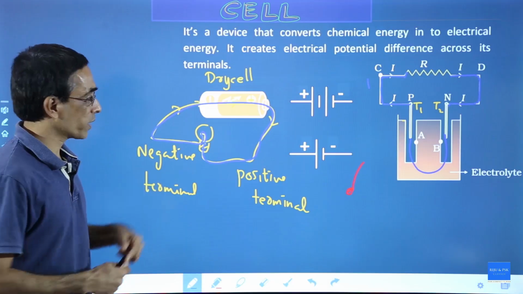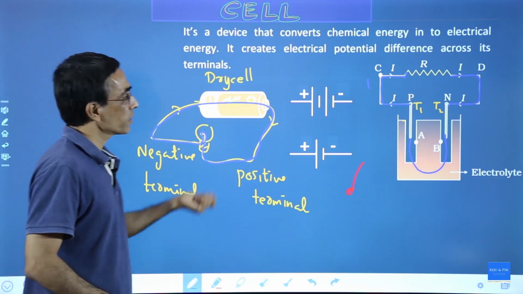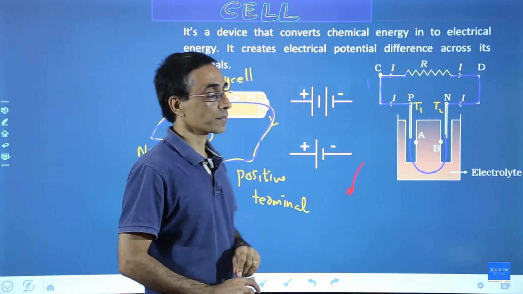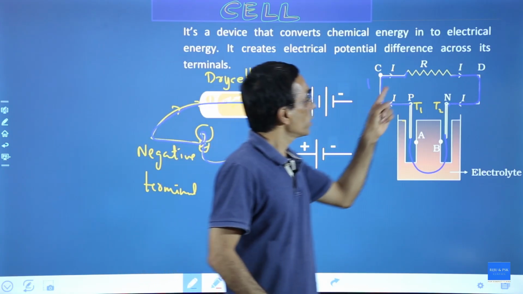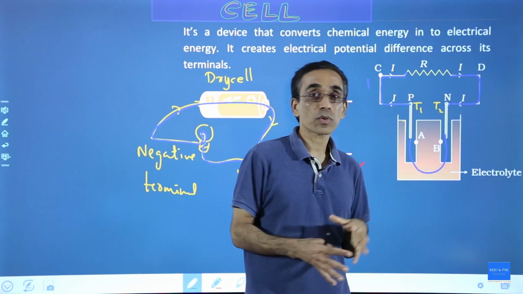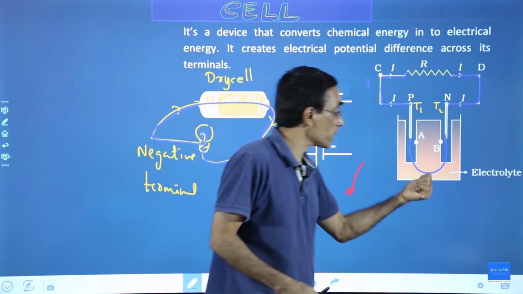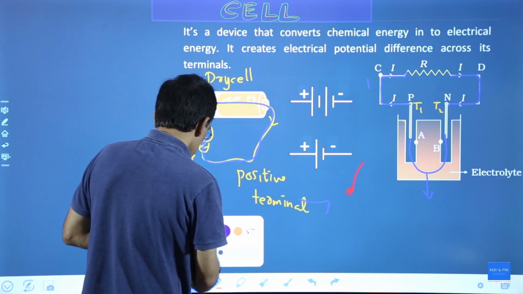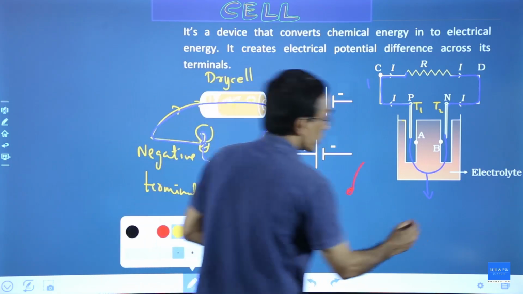So hereafter, whenever I say terminals, remember these are the terminals of the cell. And I'll tell you, this is the external resistance. But inside the electrolyte, when current flows, there is opposition here. So there is resistance here also. So there are two resistances that you should see.